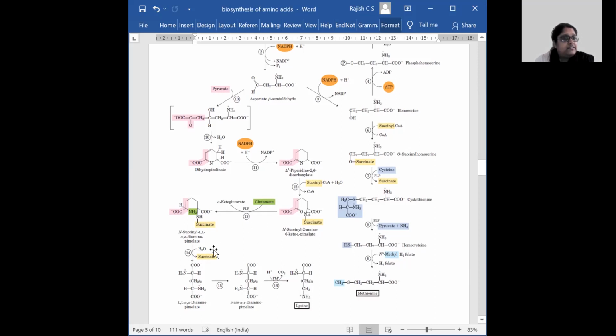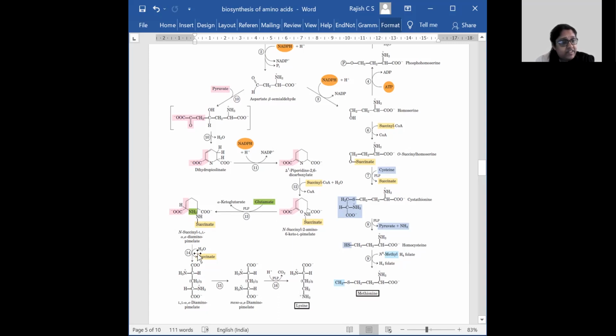So once that happens, this succinate is not actually required. But for this transaminase reaction to happen, we need this compound. So for this ring structure to open, this compound is required. So once the ring structure is opened and the double bond O is formed, then we can do the transamination reaction and then remove the succinate by a desuccinylase enzyme.